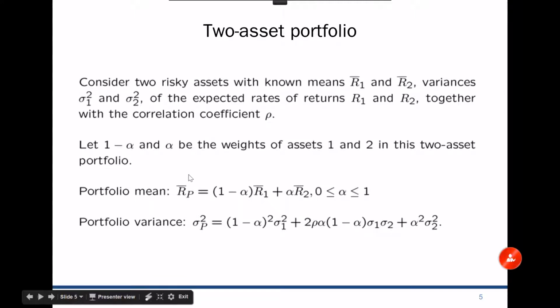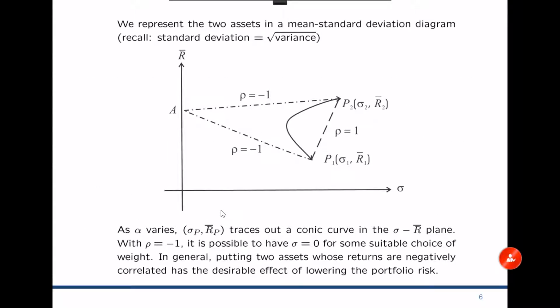Okay. Usually we like a portfolio with a big portfolio mean but small portfolio variance, right? So our goal is to choose alpha such that we choose the desired combination of this one and this one. Now, the next slide shows the combination.